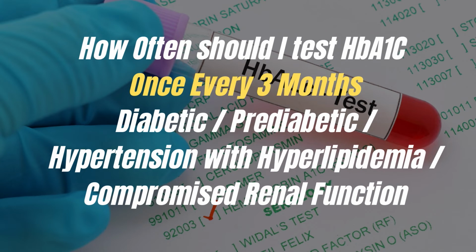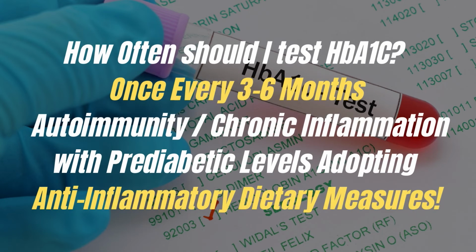If you are in the diabetic category or pre-diabetic category or having hypertension with high blood cholesterol and triglycerides or compromised renal function, have an HbA1C test every 3 months. It's very, very important. If you are having some autoimmune disorders or chronic inflammatory condition and HbA1C is in the pre-diabetic category, at that time you should have it once every 3 to 6 months.